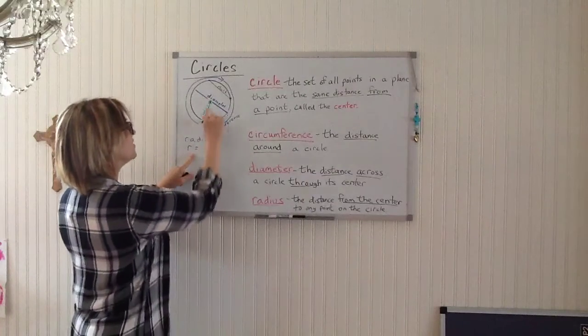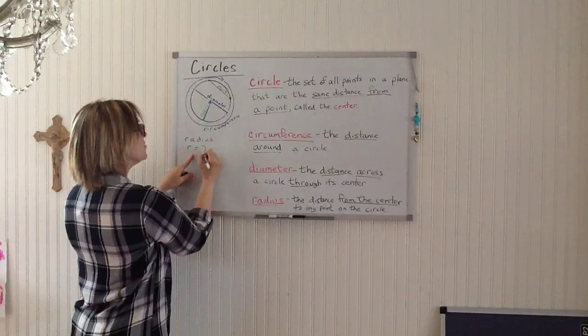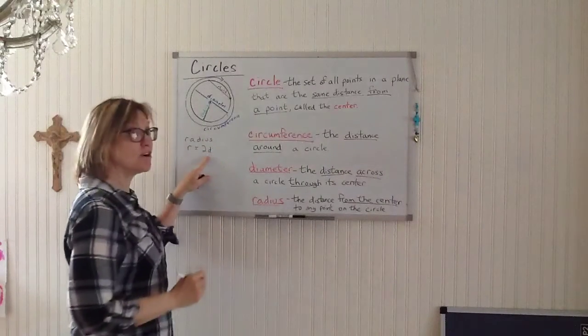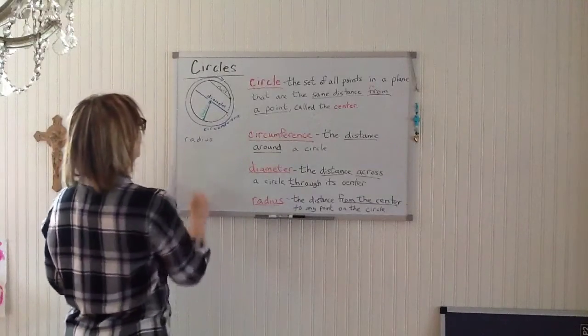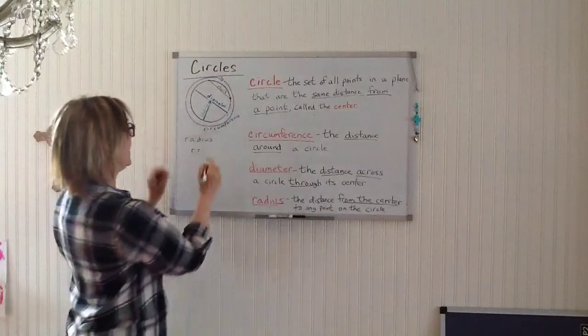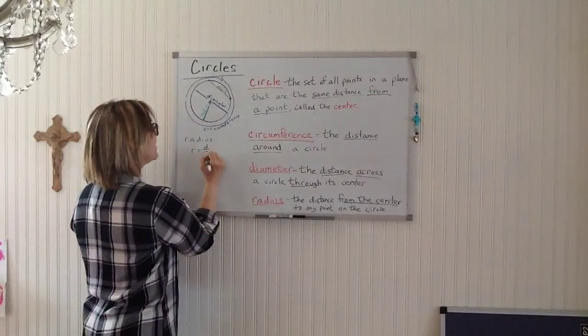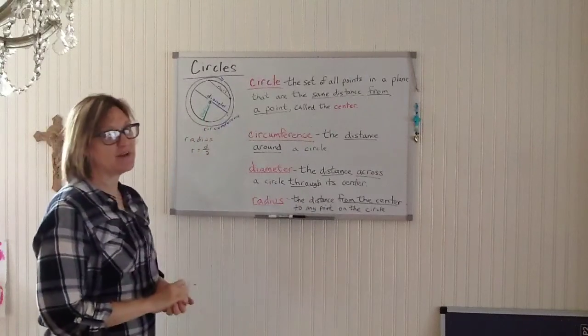The radius actually could be 2 diameters, so I could say 2 times the diameter. Nope, that's not right. Sorry. Okay, for the radius, how do I find the radius? I can take the diameter and divide it by 2. So the radius is half of the diameter.